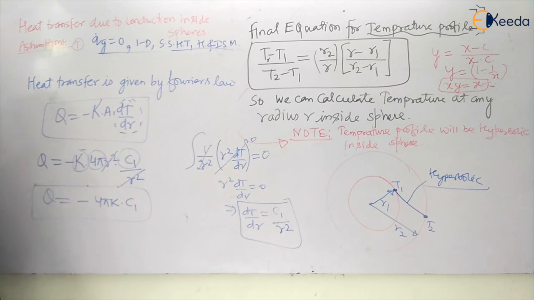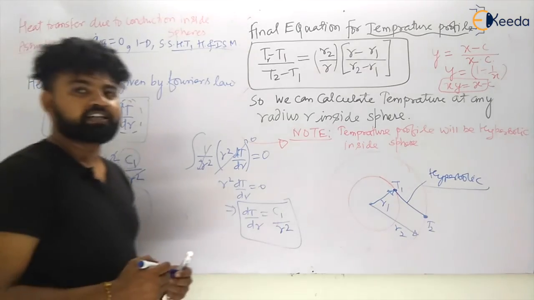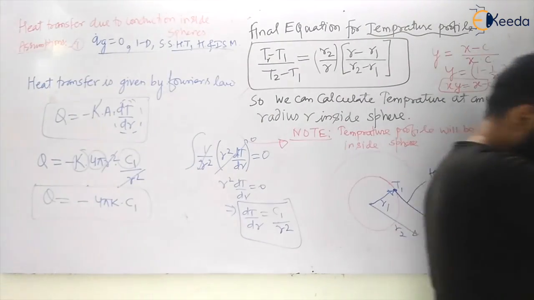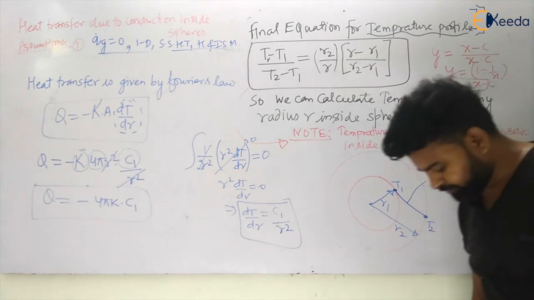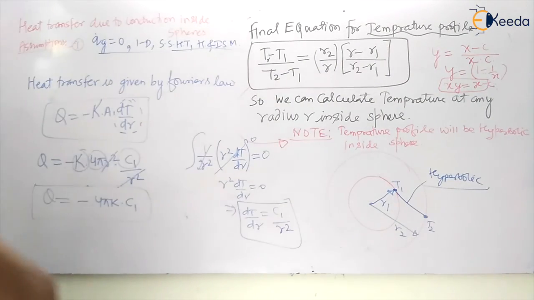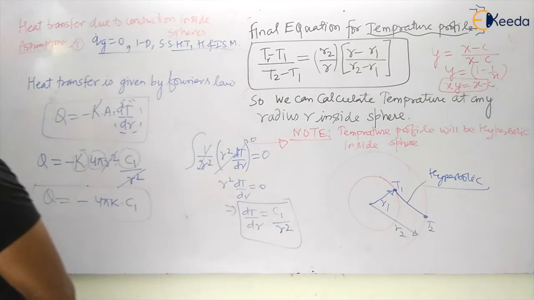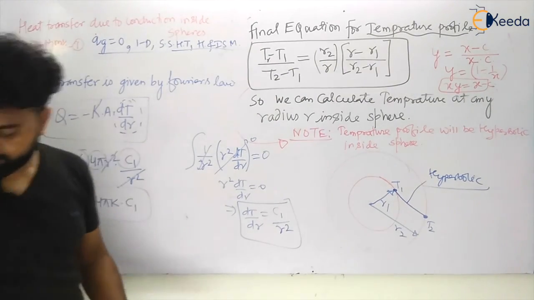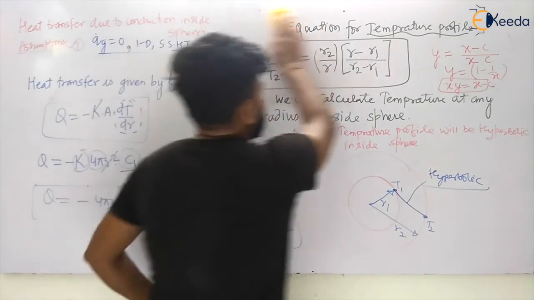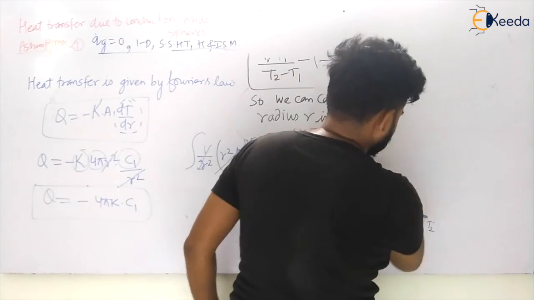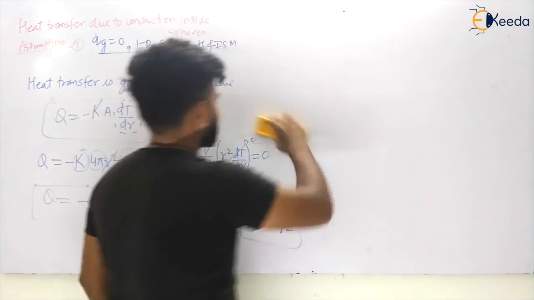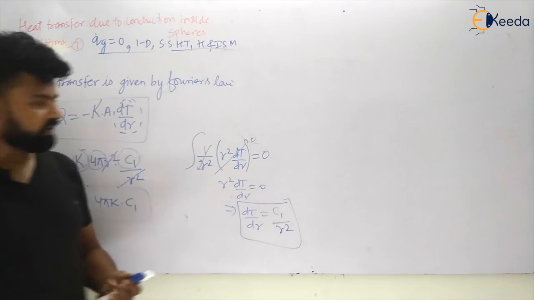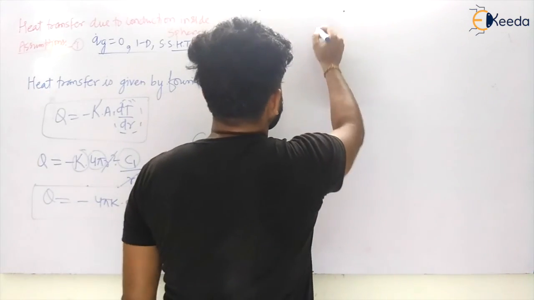So now if I put the value of C1, can I have the heat transfer in this case? Yes, my dear students, I can have the heat transfer if I put the value of C1. So let us see what will be the value of C1. C1 was equal to how much?